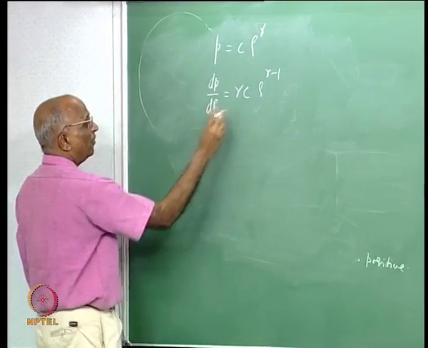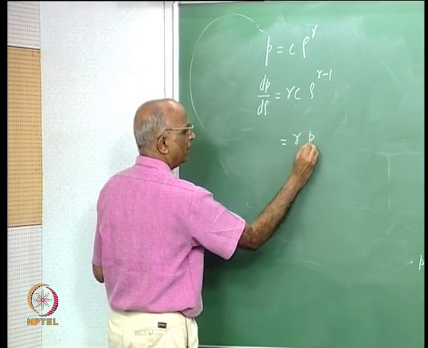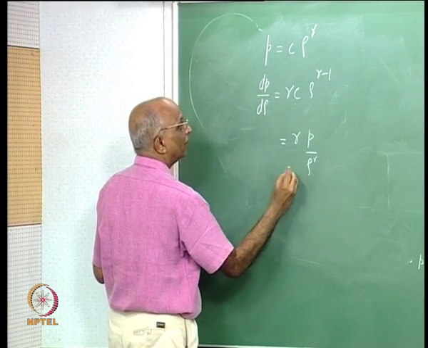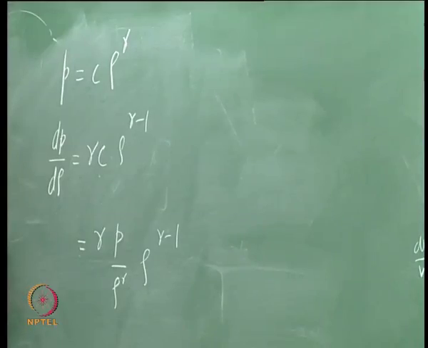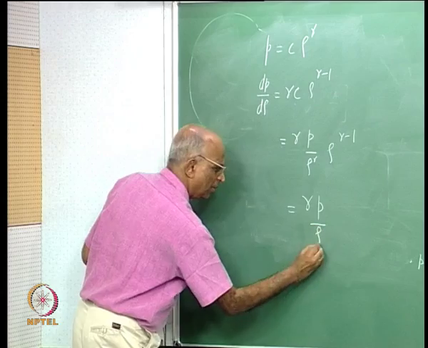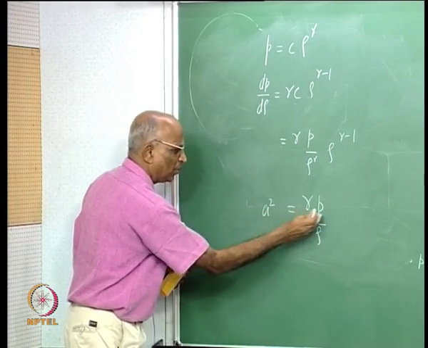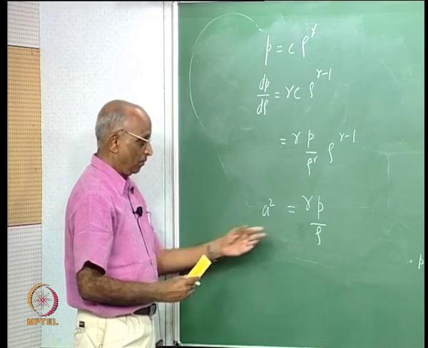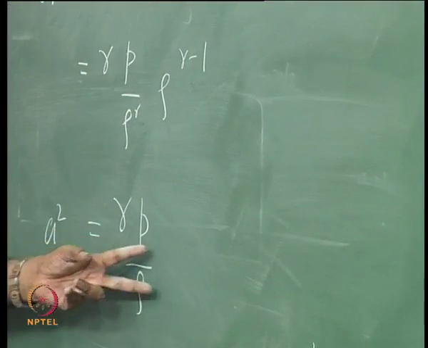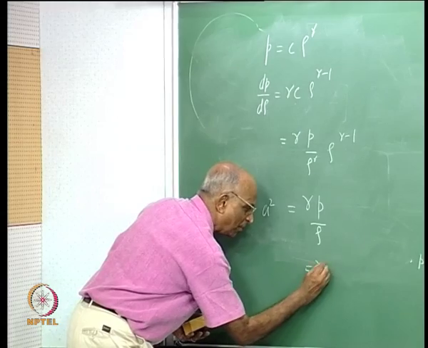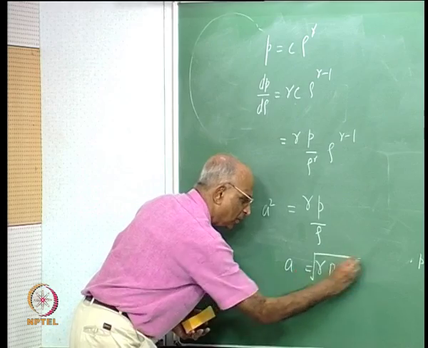And therefore now if I write the value of c as P by rho to the power gamma, this is equal to gamma P by rho. Therefore we find that a squared is equal to gamma P by rho, and for a perfect gas or an ideal gas, P is equal to rho RT, so this is equal to gamma RT, or sound speed is equal to under root gamma RT.